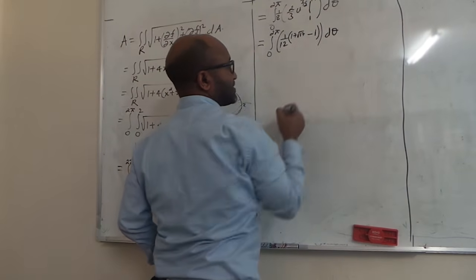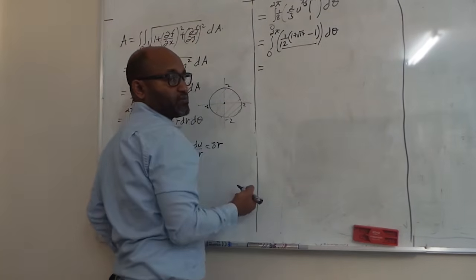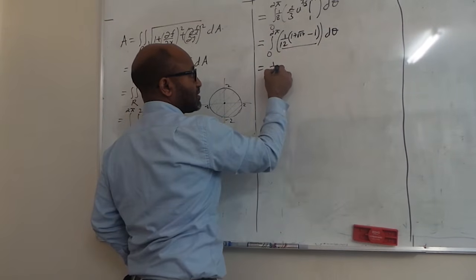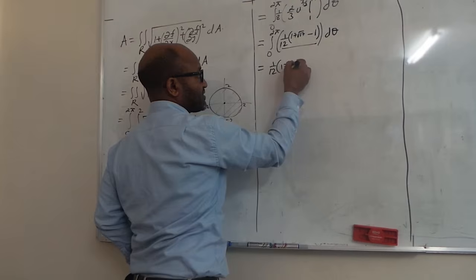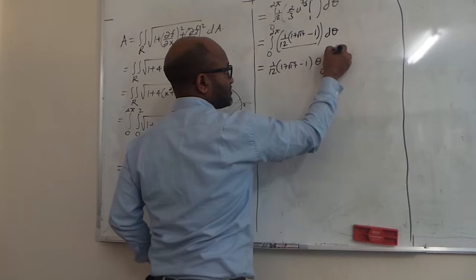dθ. So this is some constant, so the integral of a constant, the constant 1/12 (17√17 − 1) θ from 0 up to 2π.